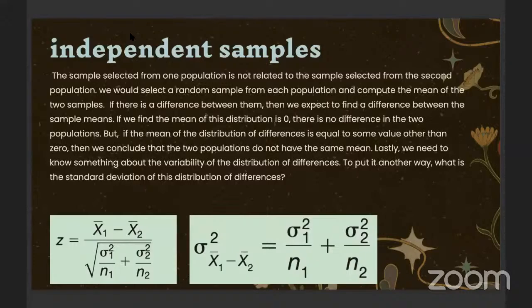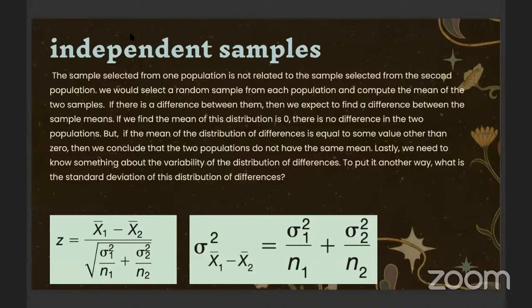But if the mean of the distribution of differences is equal to some value other than 0, either larger or smaller, we conclude that the two populations do not have the same mean.